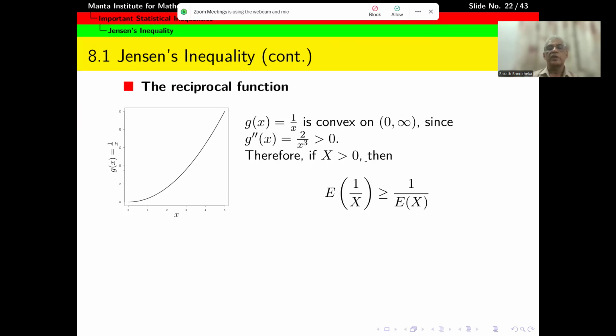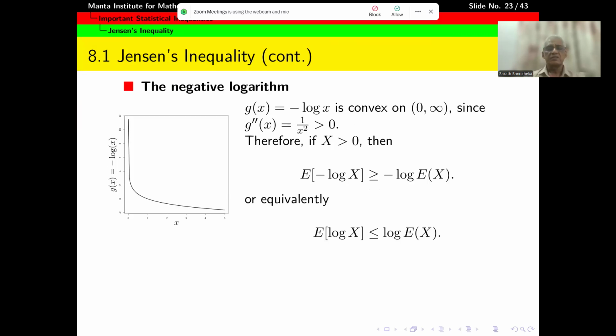Therefore, when x is greater than 0, that means when X is in this interval, the expected value of g(X) is greater than or equal to 1 over g of E[X], so that is equal to 1 over the expected value of X. And this is another example.